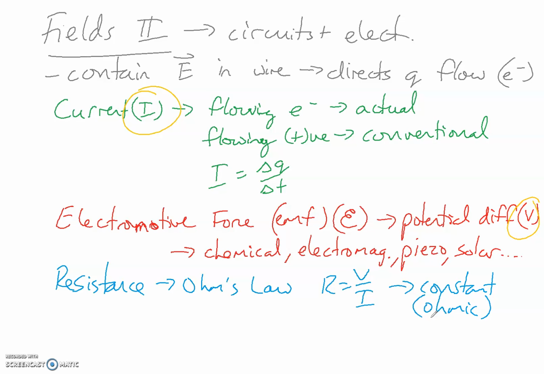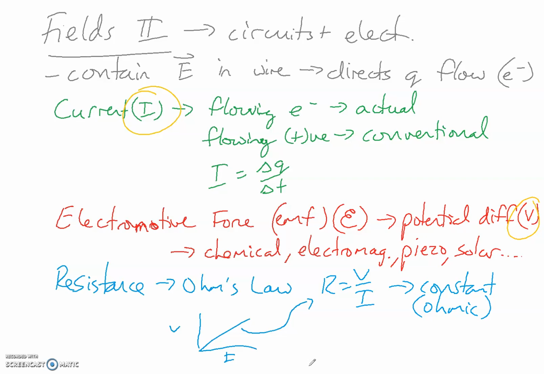If they're not, then they're not considered ohmic. And if you plot things out, like a little voltage-current graph, typically as you increase the voltage or EMF on something, you should get more current, and you want a straight line. If it follows a straight line, that slope is your resistance.